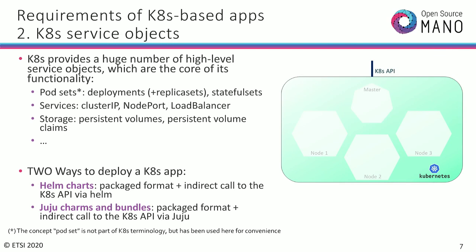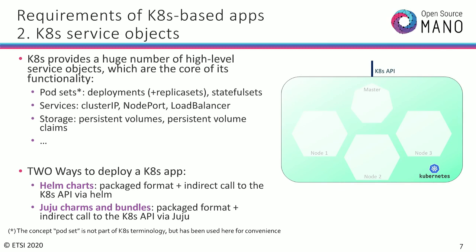But in order to use them properly, there are two ways that have appeared in the industry to package the different definitions of those service objects into a package format that allows you to manage the whole application with a single file. Typically, the two main ways are the Helm charts and the Juju charms or Juju bundles.